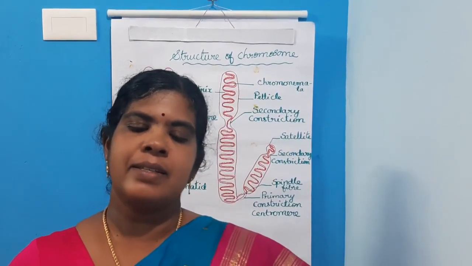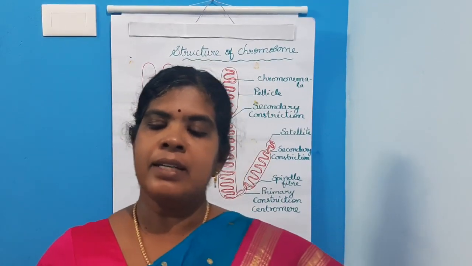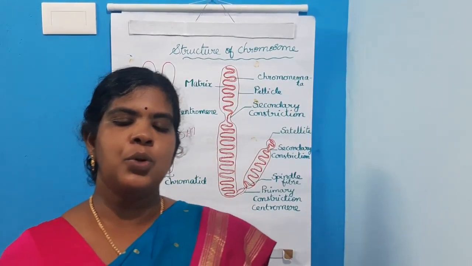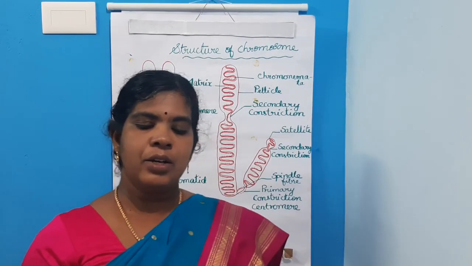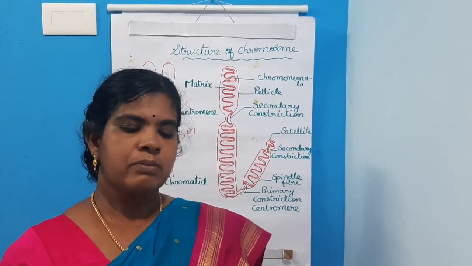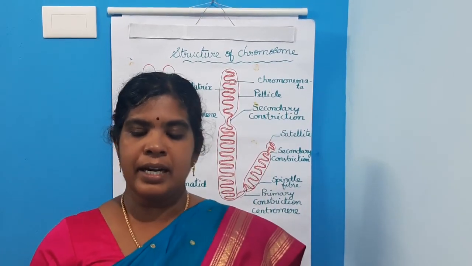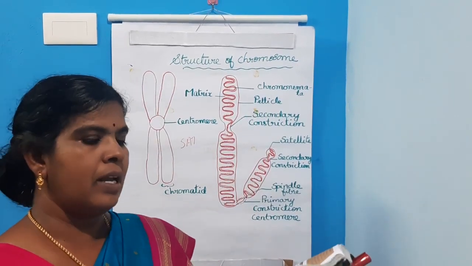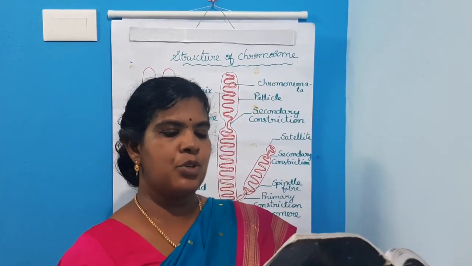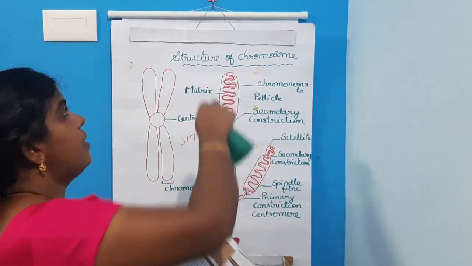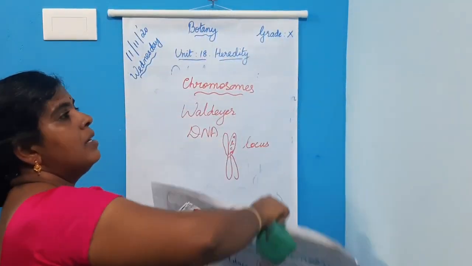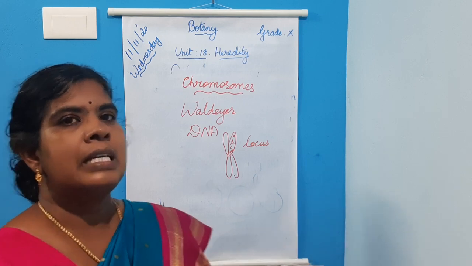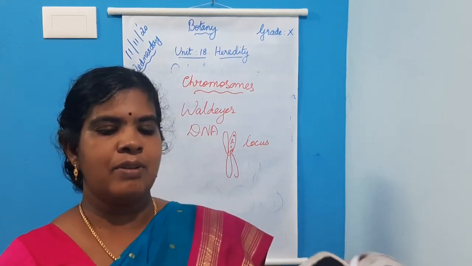Fill in the blanks. Third one, the thin thread-like structures found in the nucleus of each cell are called chromosomes. Roman number 3, identify whether the statements are true or false. A typical Mendelian dihybrid ratio of the F2 generation is 3:1. What is the ratio of a dihybrid cross? 9:3:3:1, isn't it?